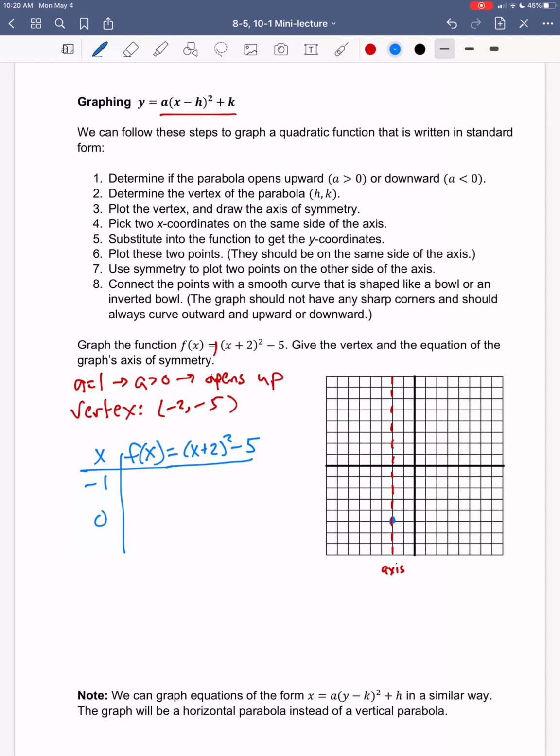And just plug those in. So I'm going to get -1 plus 2 quantity squared minus 5. So -1 plus 2, that's going to be 1 squared minus 5. So that's going to be 1 minus 5, which is going to be -4. So I got the point -1, -4. That's down here.